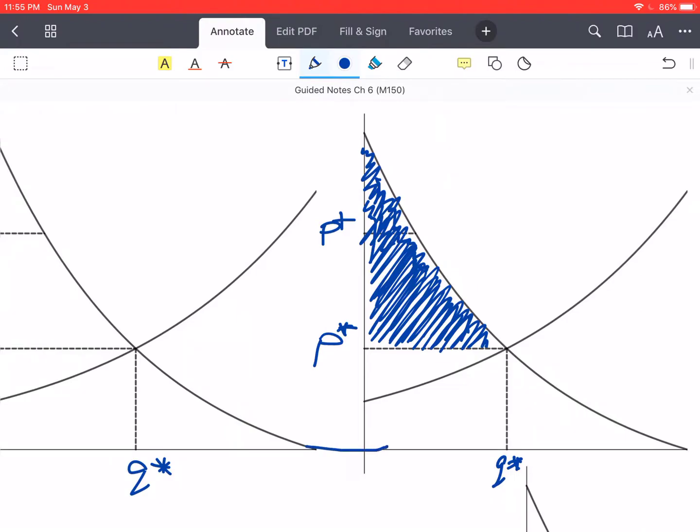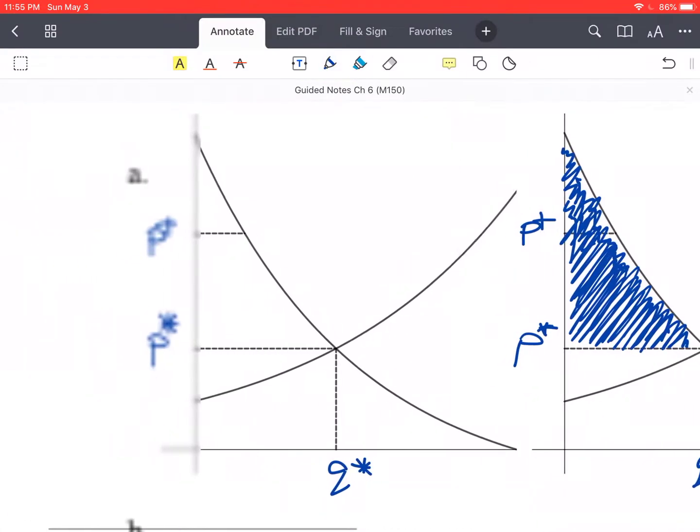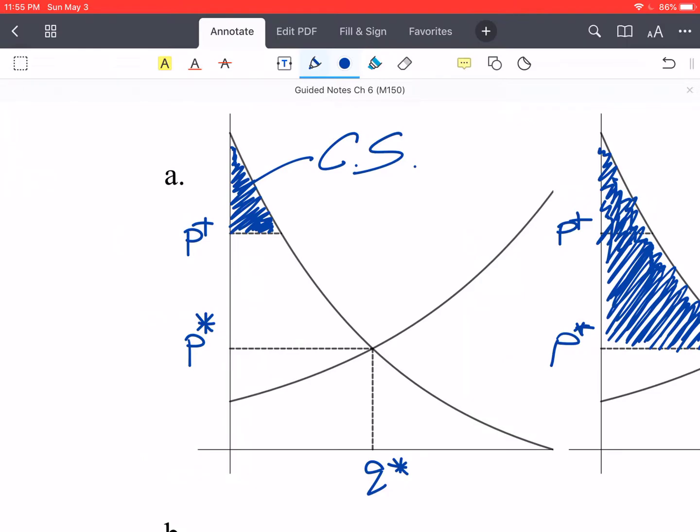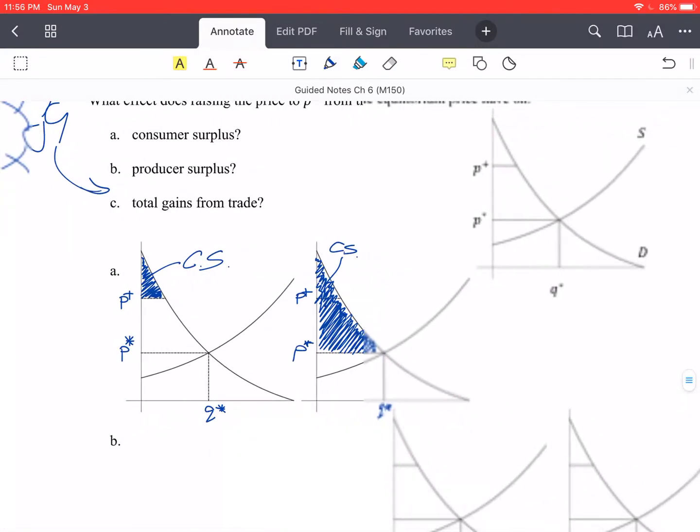However, with this cartel pricing, it's going to be the difference between the price that they are currently paying, which is no longer equilibrium, and the amount they'd be willing to pay. So that's going to be this area right here. Okay, so that is consumer surplus versus what the consumer surplus regularly is.